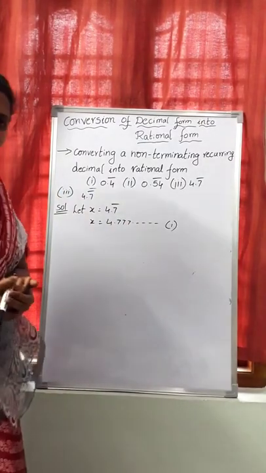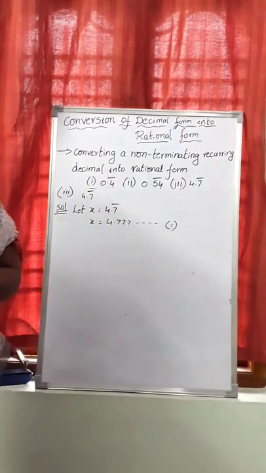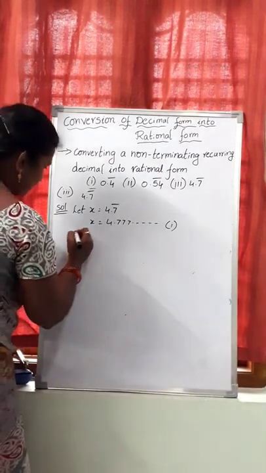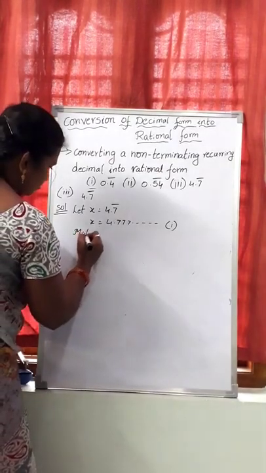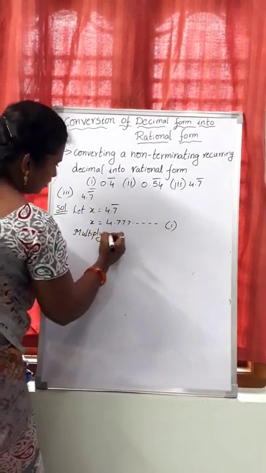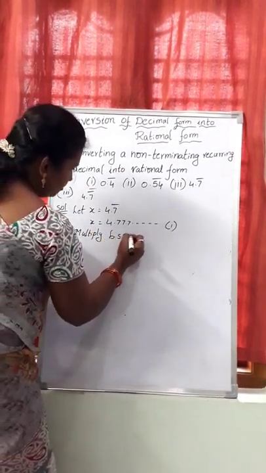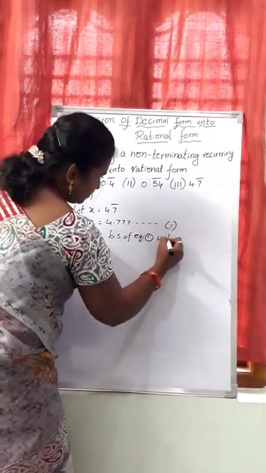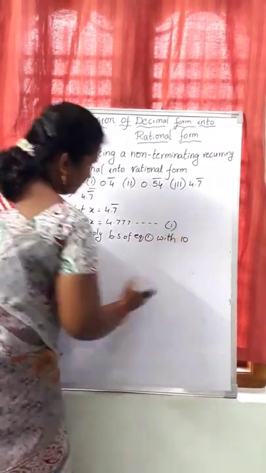So if the periodicity is 1, we have to multiply both sides of equation 1 with 10.